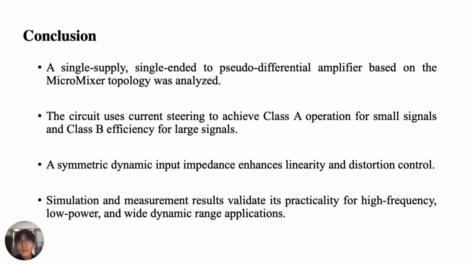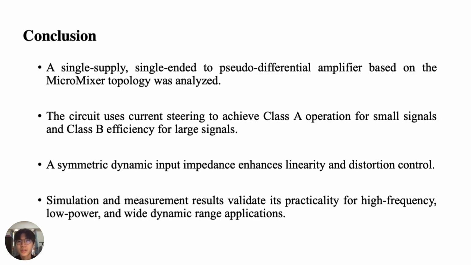In conclusion, this work investigates a single supply amplifier topology derived from Barry Gilbert's micromixer architecture. This circuit converts a single-ended bipolar input signal into a pseudo-differential current output through an efficient current steering mechanism.